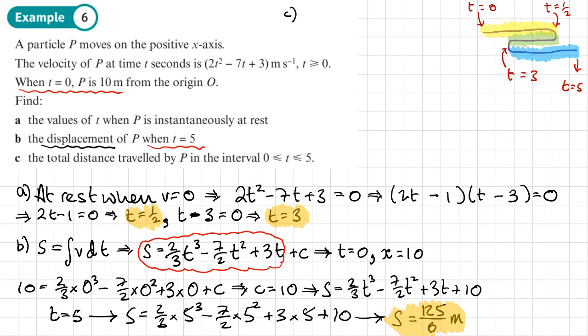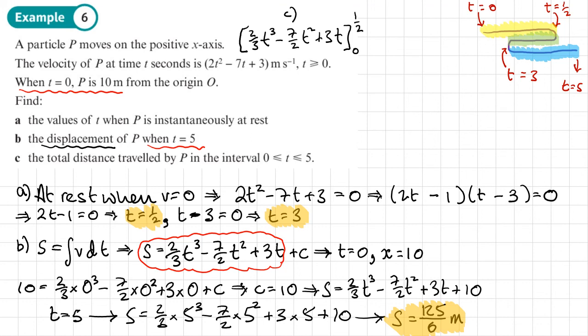So let me see if I can write this all out. Our distance is going to be given by substituting in 2/3 t cubed minus 7 over 2 t squared plus 3t between limits of 0 and a half.